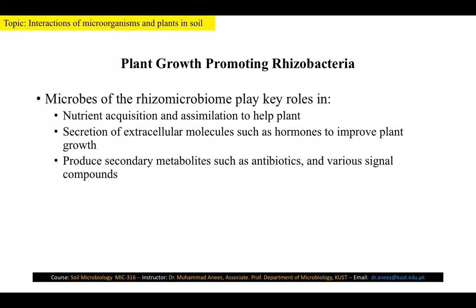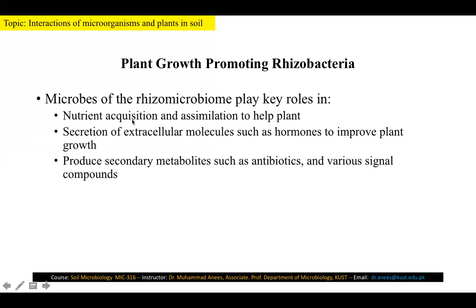So microorganisms play a key role in different ways to promote plant growth. First is the nutrient acquisition and assimilation to help the plant. So it can improve the nutrient acquisition.